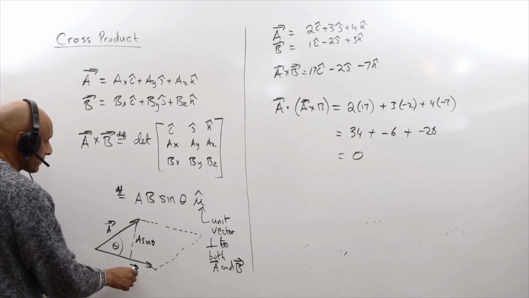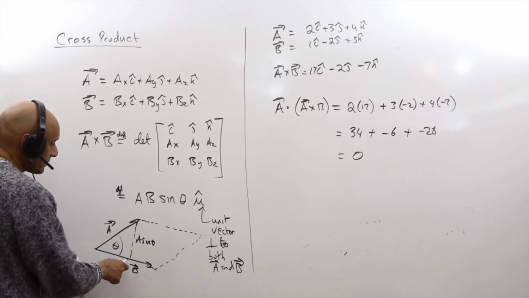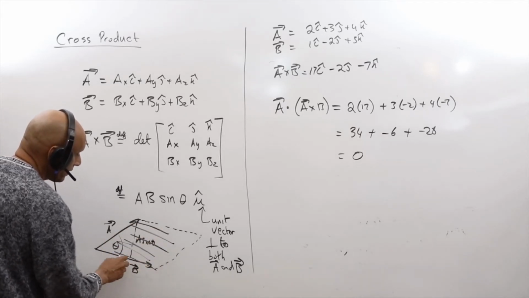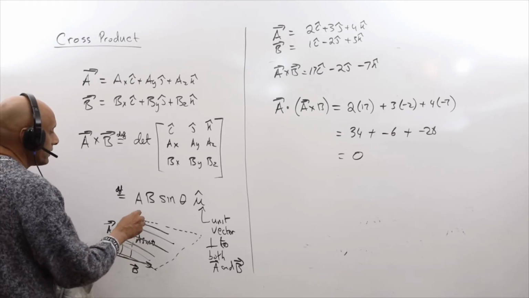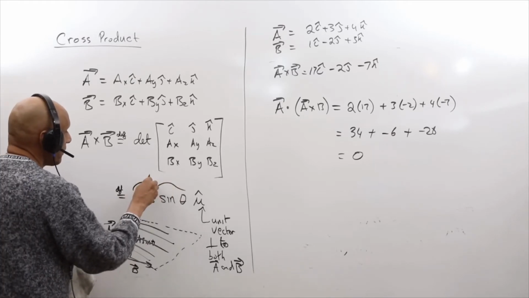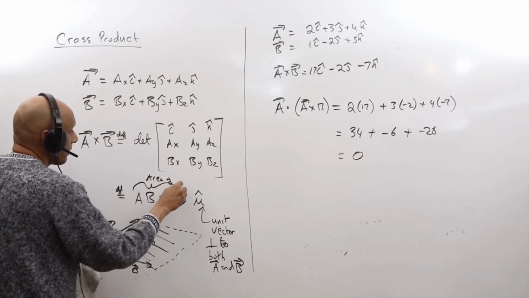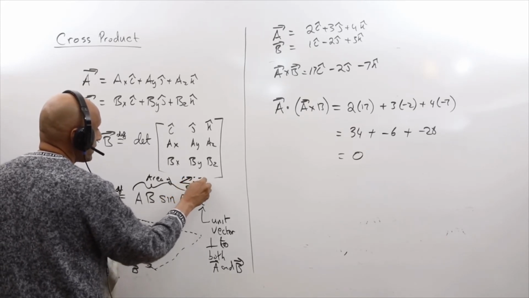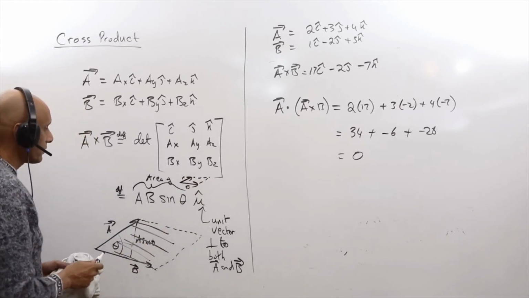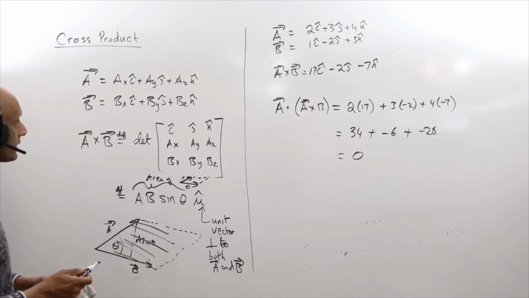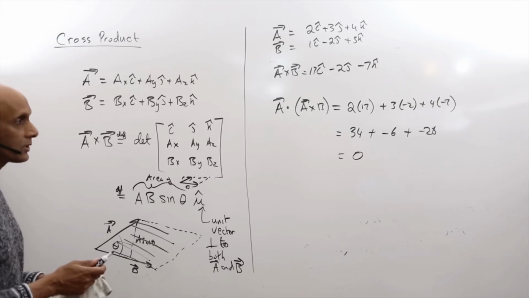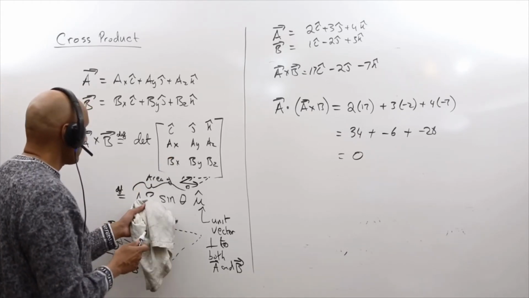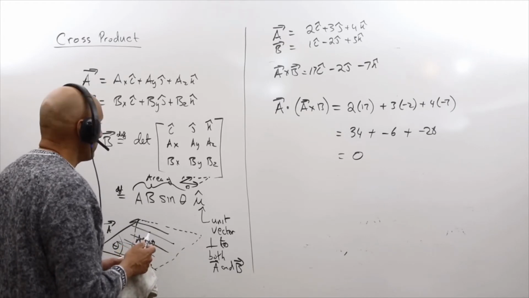So this is the area of the parallelogram that's formed when we take the A and B vectors. So the cross product tells us the magnitude of the area of the parallelogram.